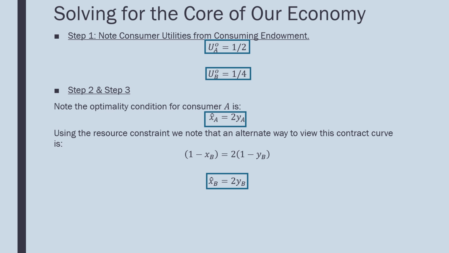This is just because of the perfect complements type of utility function, the Leontief sort of preferences. We're just going to be using a no waste condition to define that contract curve from the consumer's perspective. And using this resource constraint, we know an alternative way to view this contract curve is written as the following. From consumer B's perspective, this is going to be XB is equal to 2YB.